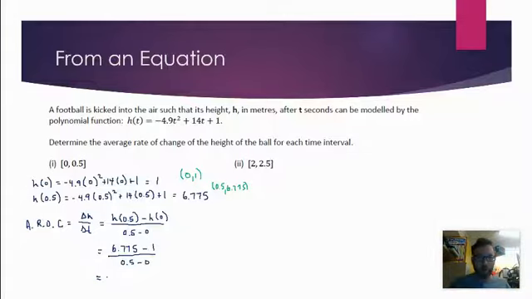5.775, we're multiplying that by 2. I think it's 13.5, but I don't know. 775 divided by 0.5. 13.55, close enough.